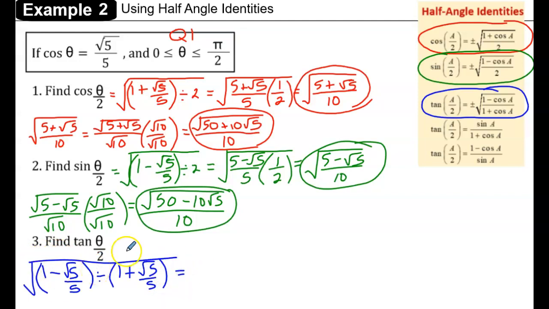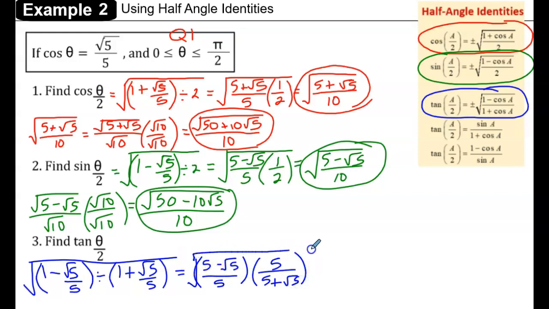So getting a common denominator like we did in the previous examples, 5 over 5 minus root 5 over 5 is going to be 5 minus the square root of 5, all divided by 5. And dividing by a fraction means to multiply by the reciprocal. So we'll have 5 over 5 plus root 5.